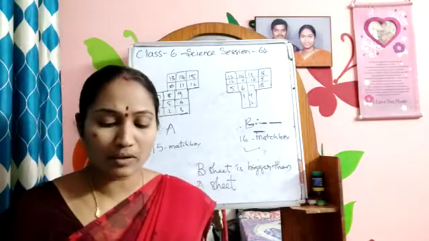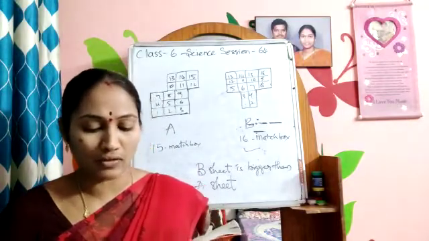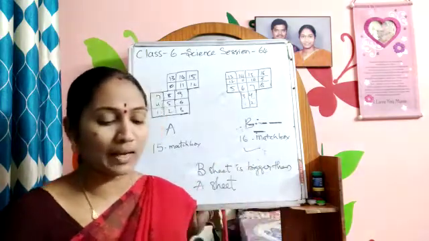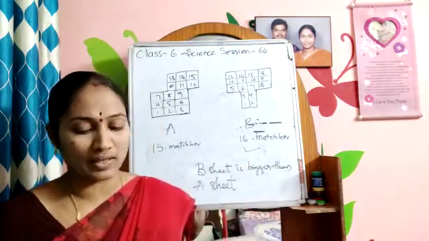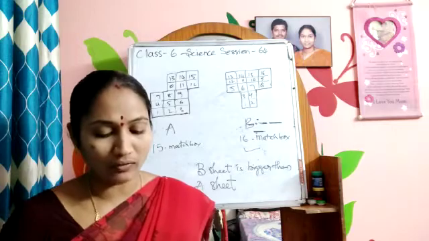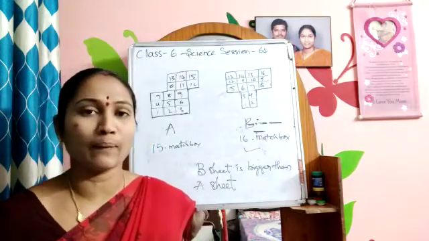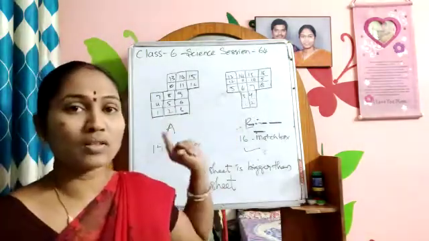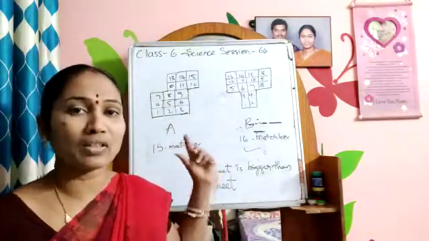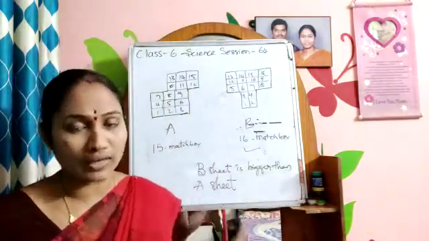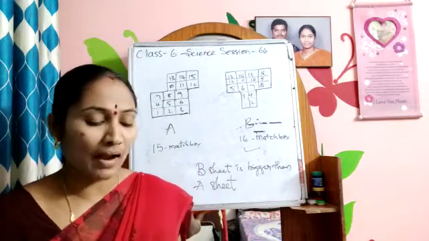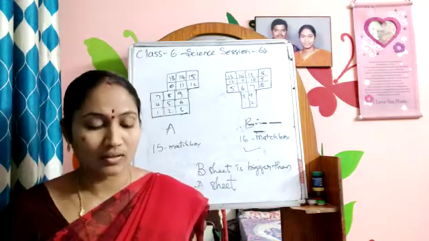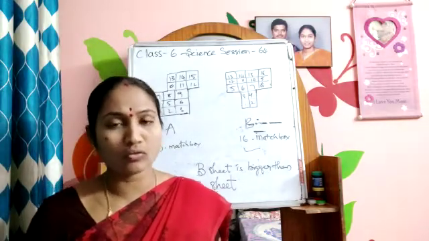Now, area is the measure of the extent of the plane surface occupied by an object. In the above activity, a matchbox is taken as a unit to measure area, but it is not a standard unit. We need a standard unit to measure the area. Now let us see what is the standard unit to measure area.